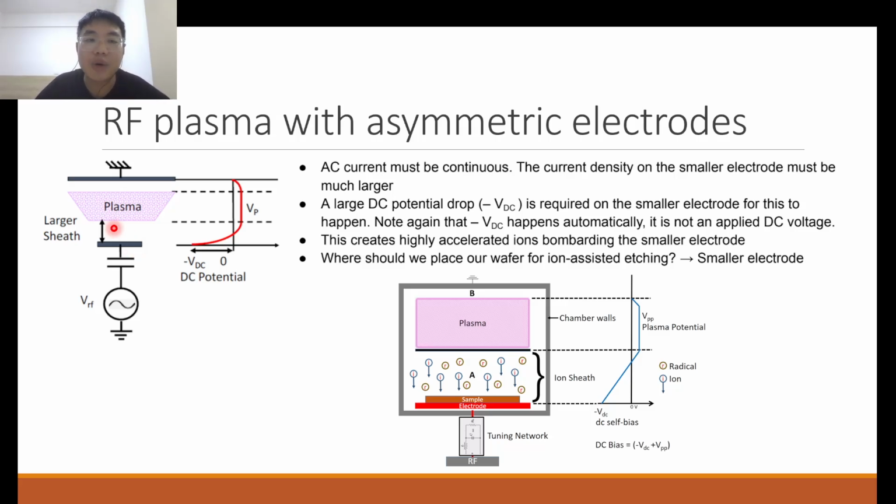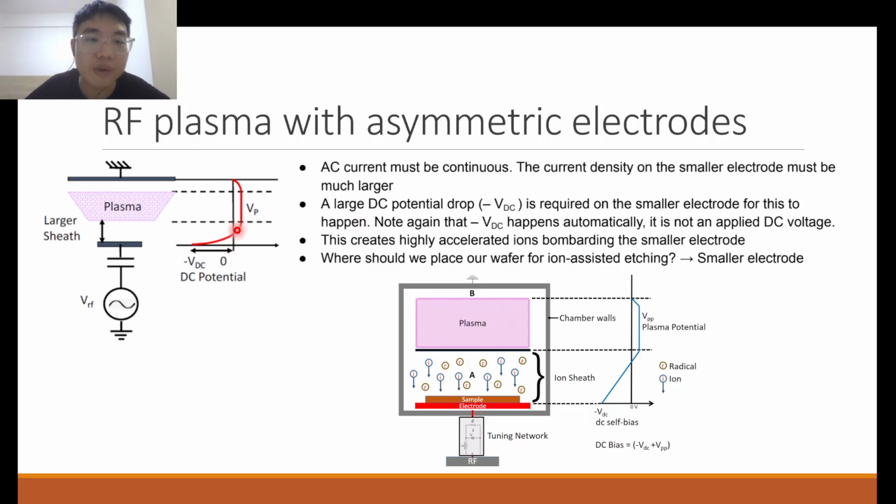So the current density will increase. And so what does that mean? That means that the current density is provided by ion bombardment as well, the ionic contribution to the total current. And so when the current density at the wafer side is increased, more ions per unit area are bombarding the wafer.